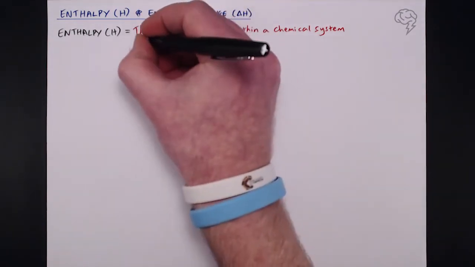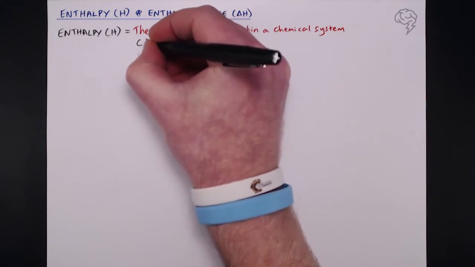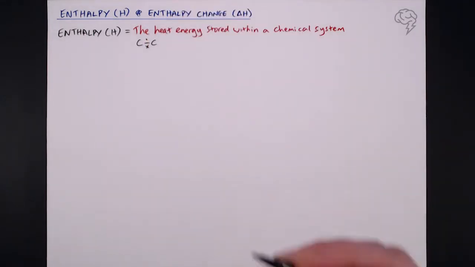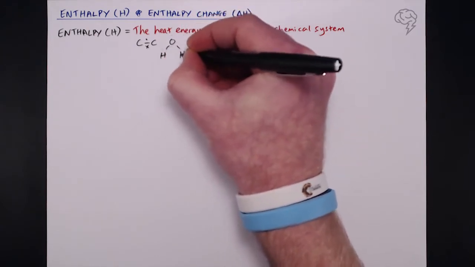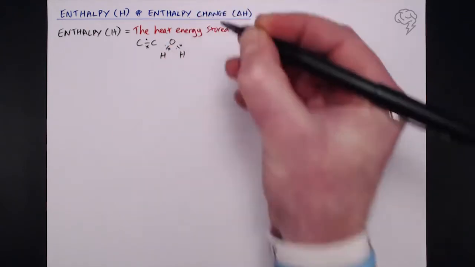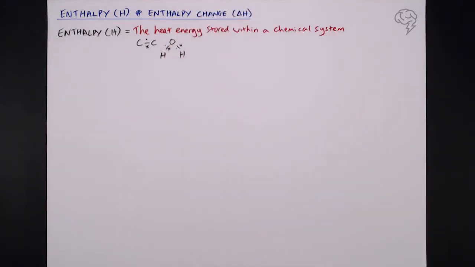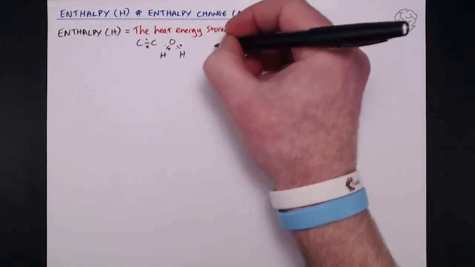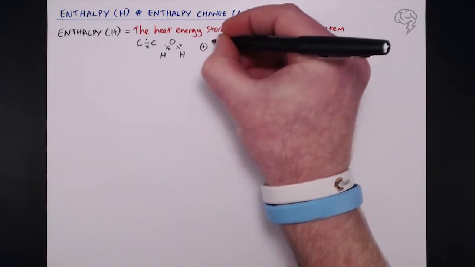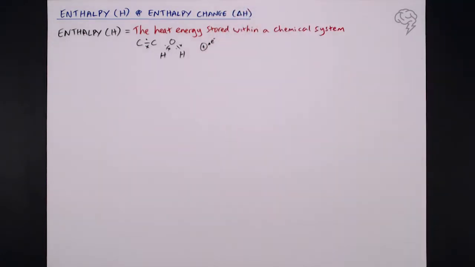So you could be looking at, let's say, a straightforward covalent bond, and even in something like water, for example, where there's covalent bonds, energy is stored within those bonds. Likewise, in metals, there's energy in the attractions between those delocalized electrons and positive ions.